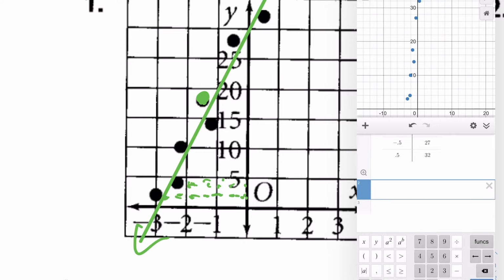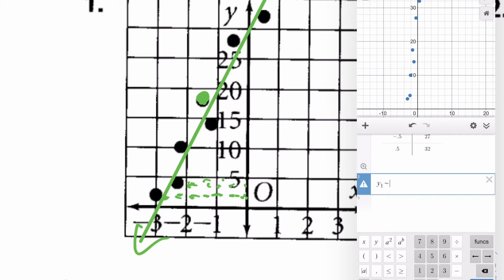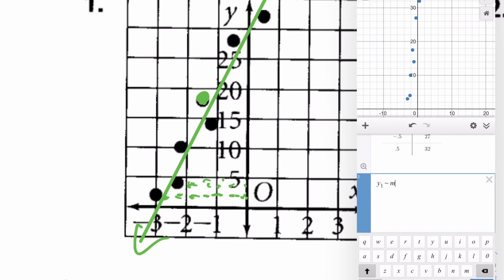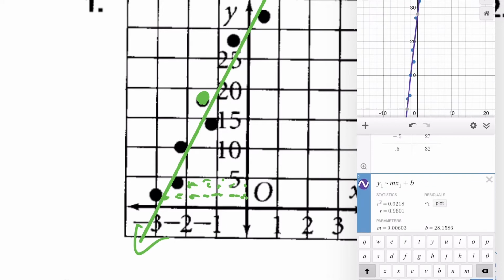Then we're going to make a new equation, and that new equation is going to be y1. Then we have to do the squiggly line, the tilde, to say it's going to be approximated. y1 is approximately m x1 plus b.